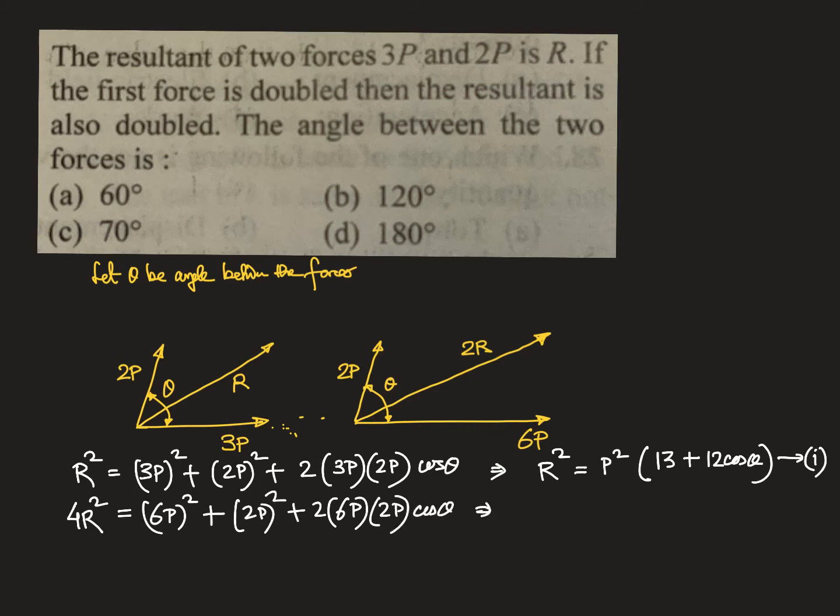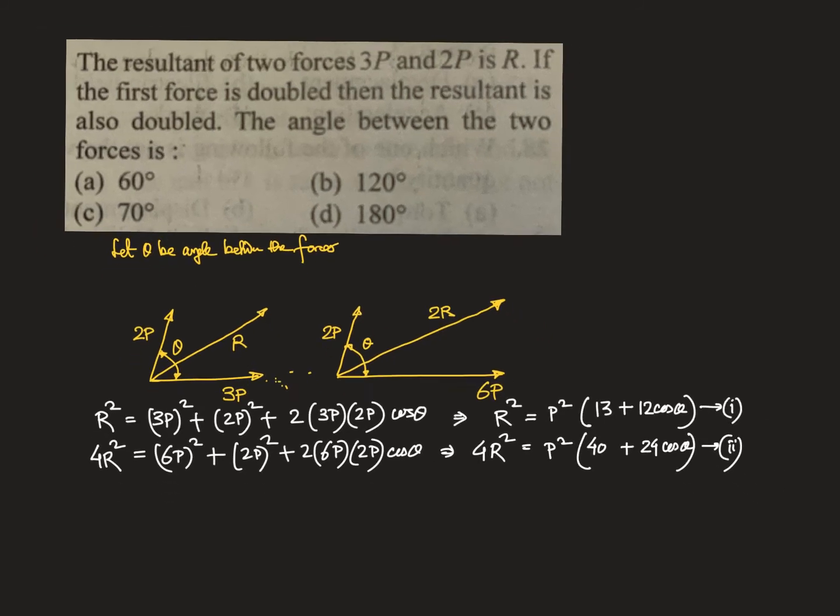So 4r square is equal to p square common, then 36 plus 4, 40, plus 24 cos theta. That's equation 2.